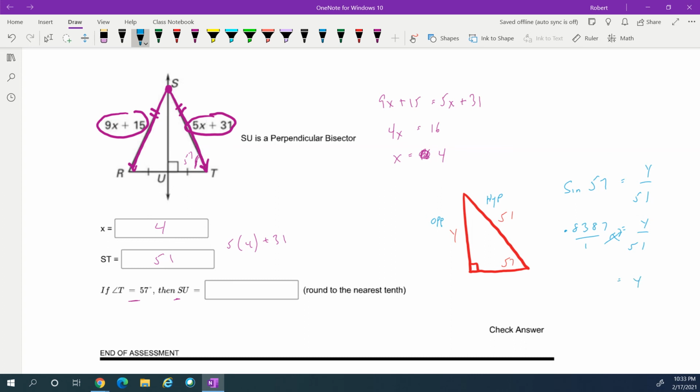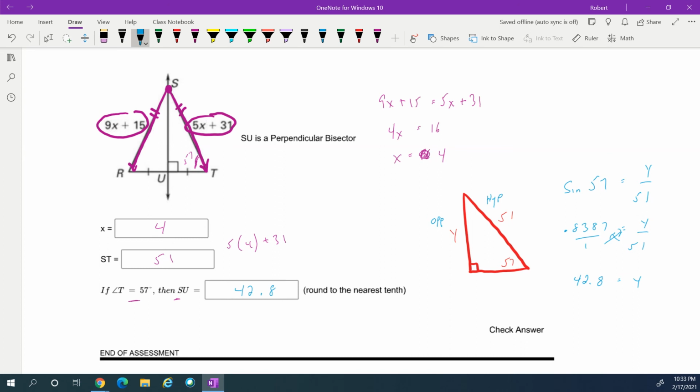And y equals 42.8. So we're incorporating, since we have a perpendicular segment, we're going to have right angles and right triangles. So we're going to also rely on our right triangle knowledge and have to use Pythagorean theorem and trigonometry.